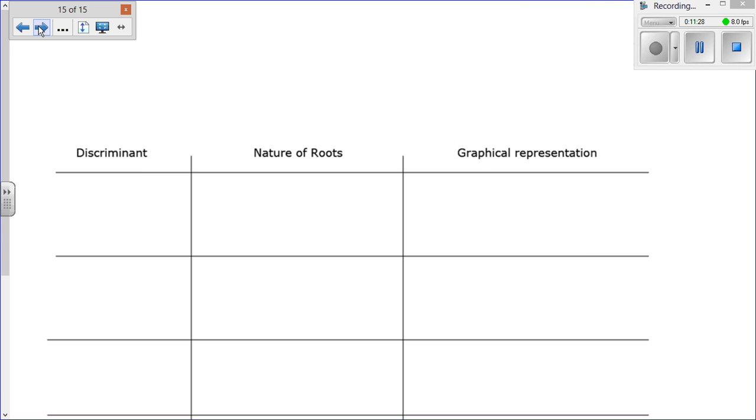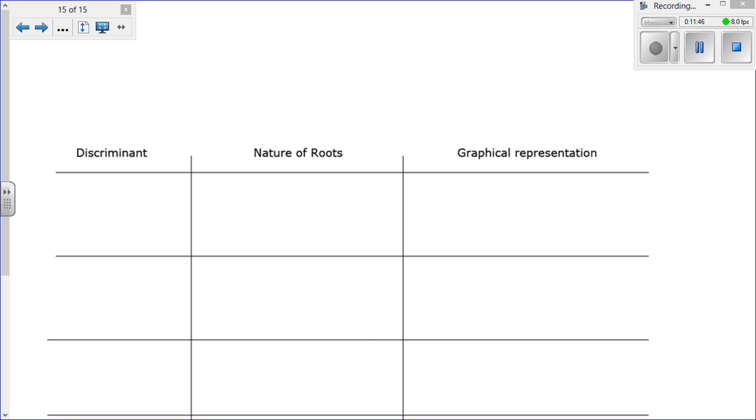So basically, what we have here is putting all of this together. The type of roots, what the discriminant looks like, and what your graph would look like if we were to graph that.